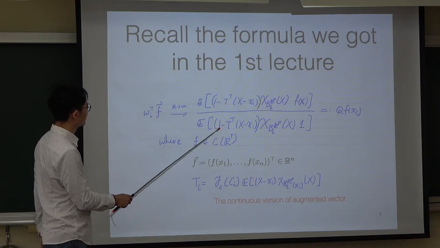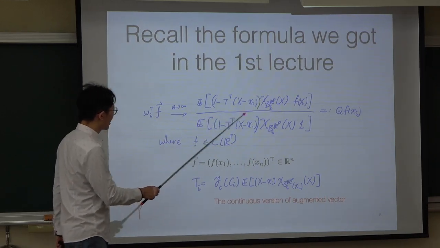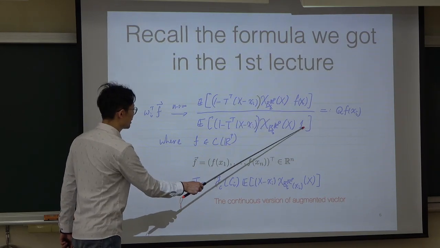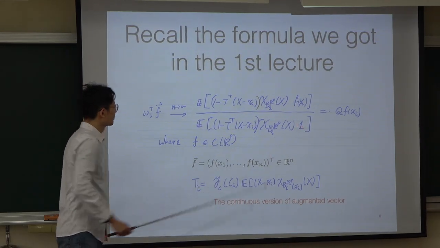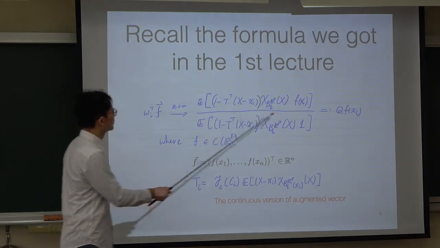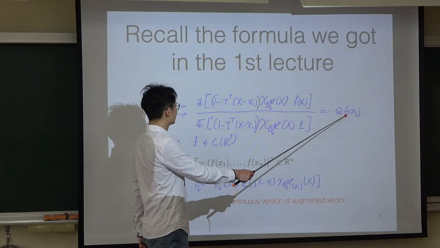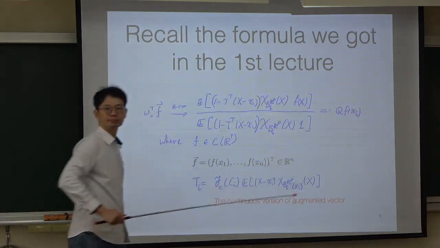In the denominator, you can view it as the same as the numerator, but with the function f replaced by the constant function 1. We denote this as an operator Q of f evaluated at x_i.